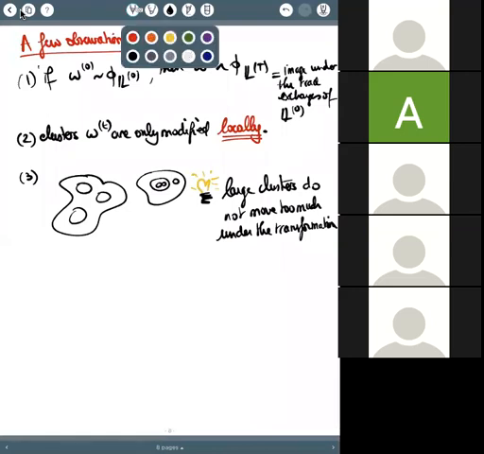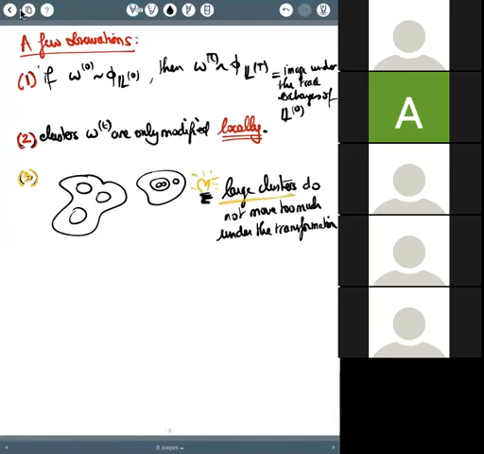These two points, 1 and 2, were consequences of the definition. On the other hand, the third item is something you need to prove. You can see it on simulations, but you need to prove that large clusters do not move. And that's basically where all the juice of the paper is.